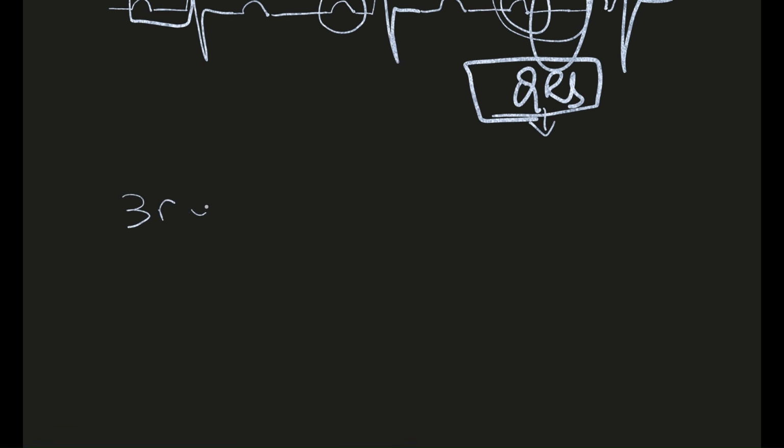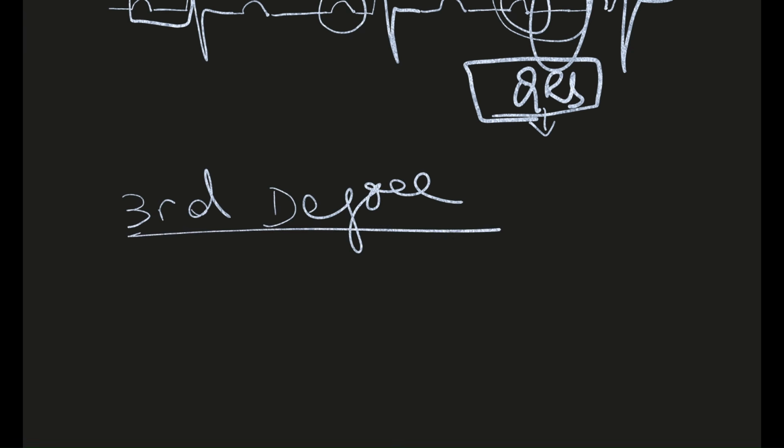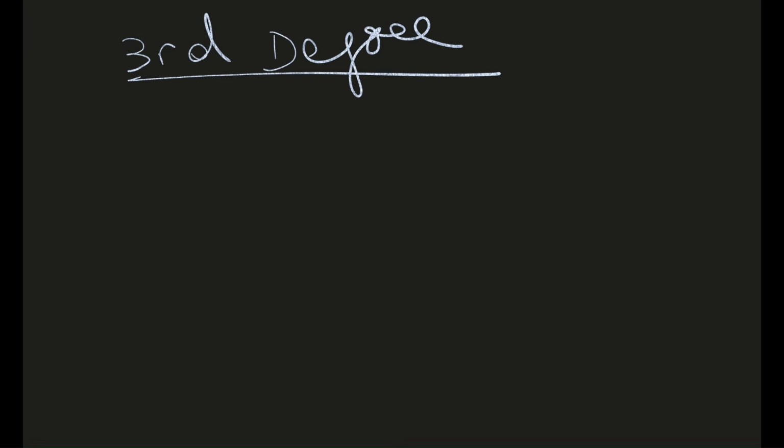Now, what is third degree AV block? What happens in third degree AV block? There is P wave, QRS complex. The P waves have independent tracing over the ECG, and the QRS complexes have their own independent tracing.